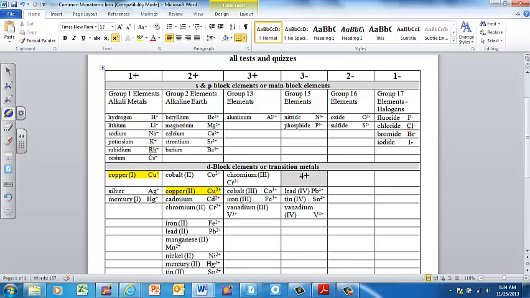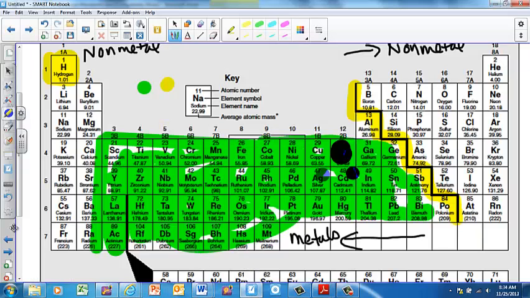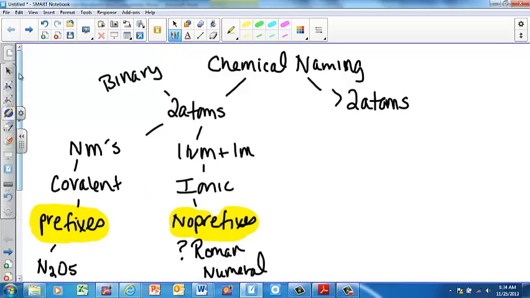Okay, those are the only three that only have one option and don't have a Roman numeral, which you can notice because silver does not have a Roman numeral, cadmium does not have a Roman numeral, and it's probably down the bottom here, zinc does not have a Roman numeral. Okay, and it'll take a while to get there, but those are the patterns we need to recover with.